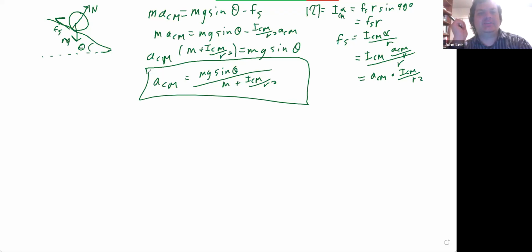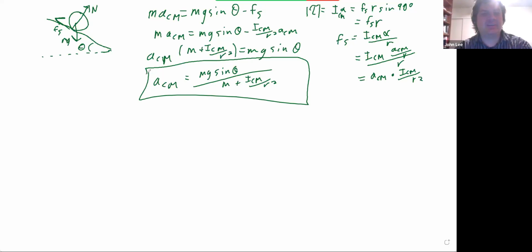So instead of it just being g sine theta, it's going to be mg sine theta divided by m plus this extra term, I center of mass over R squared, which is going to slow it down, because in addition to moving the particles linearly, gravity and friction also have to move the particles in a circle.